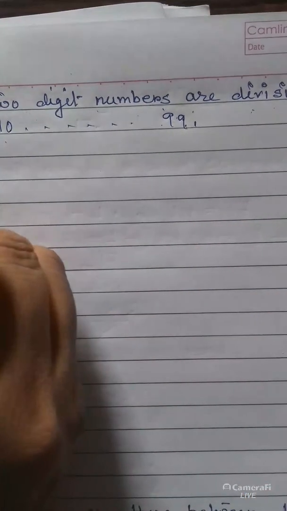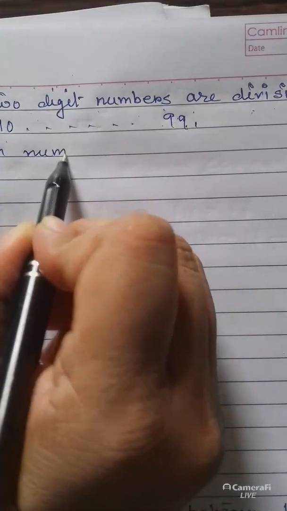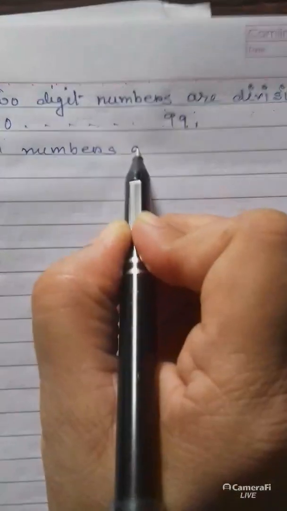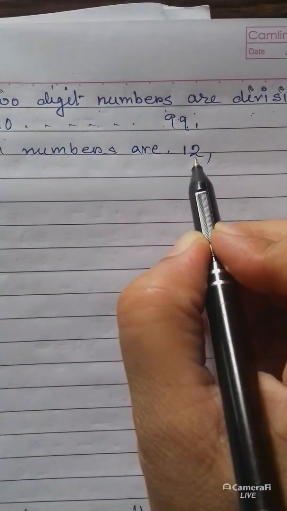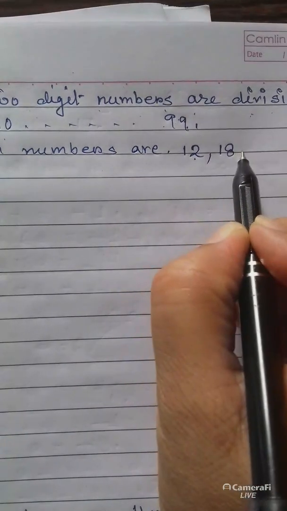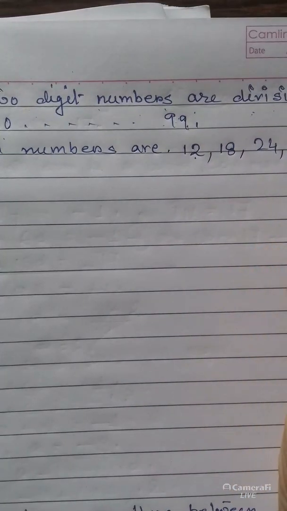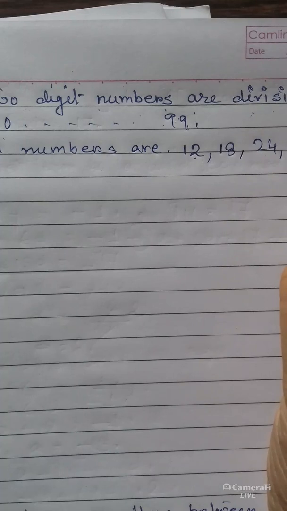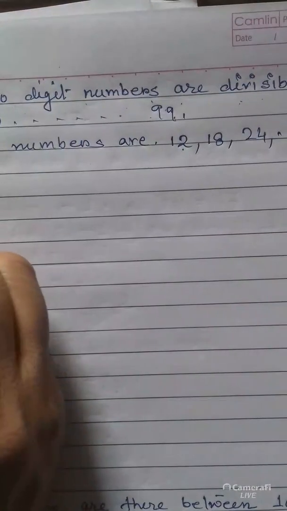So given numbers are: first divisible number 12, after that 18, after that 24, and the last two-digit number divisible by 6 is 96.